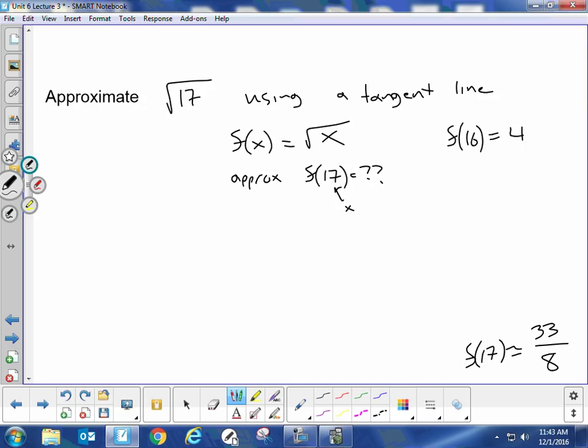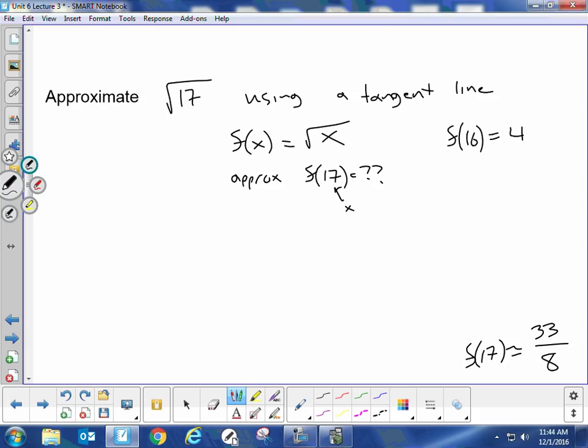You good? Don't let that negative disappear on you. So this is 1 over 2 times the square root of 16. The slope you should get, so we're using 16, 4 in my tangent equation. Not 17 because I don't know what the square root of 17 is.